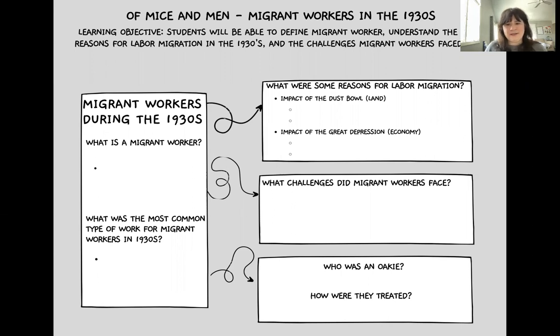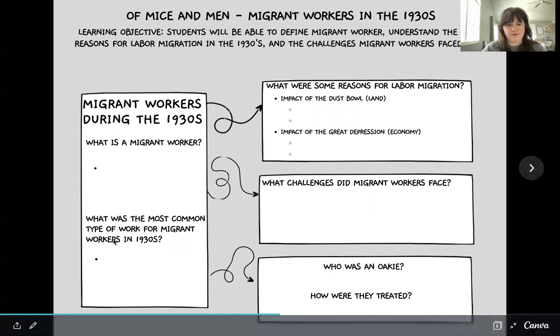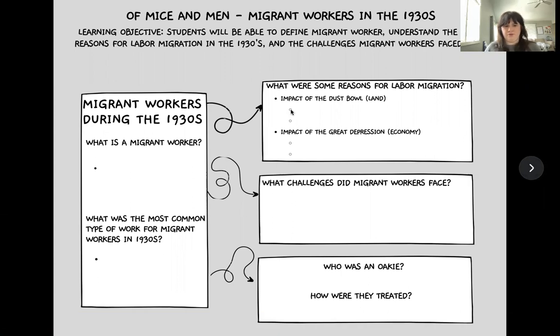So I formatted it in this way to, first of all, I included bullet points for everything to ensure that they knew that it didn't have to be written in a formal full sentence way. I wanted it to be chunked up information for them to be able to remember and just keep in mind as we move forward with Of Mice and Men to understand the context of the characters and what life was like for migrant workers at that time.